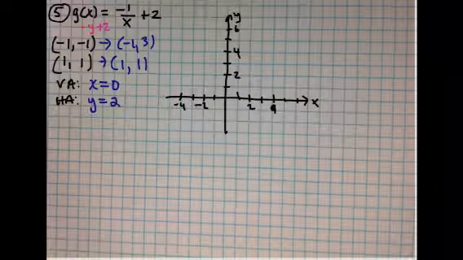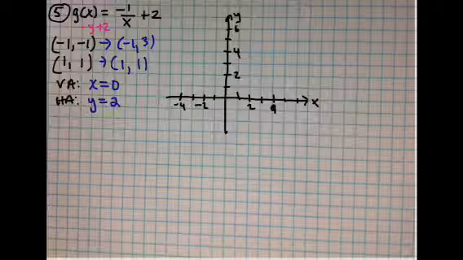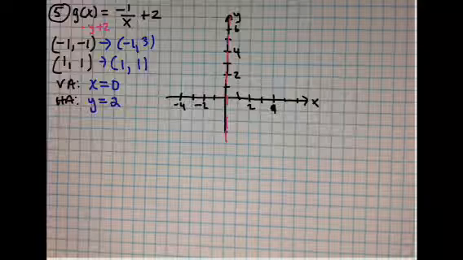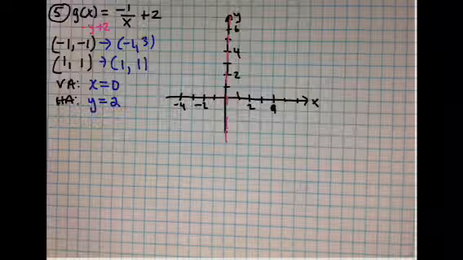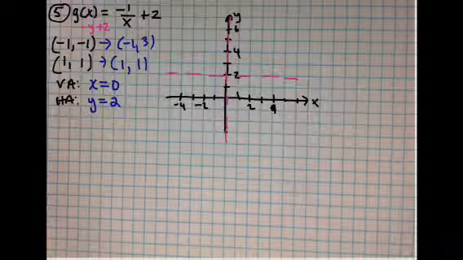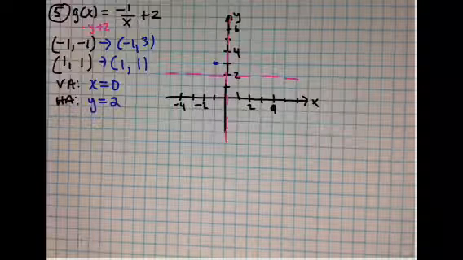Now we're going to graph. So we're going to draw the asymptotes first. So x equals 0, that's your vertical asymptote, and your horizontal asymptote is y equals 2. And so the negative 1, 3 is one point, and 1, 1 is the other.